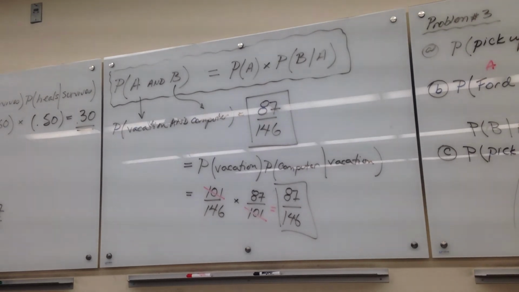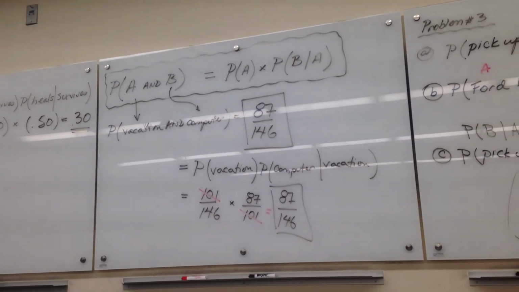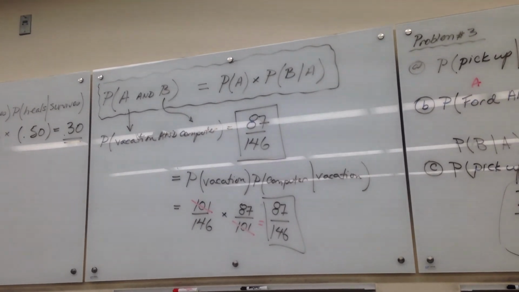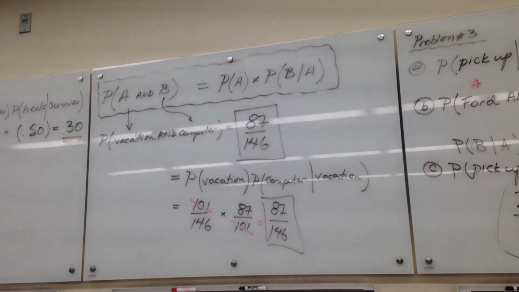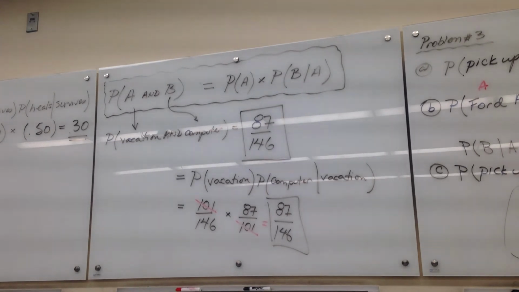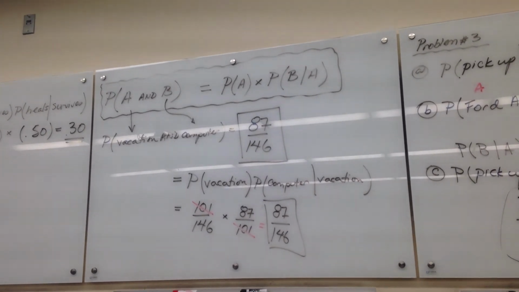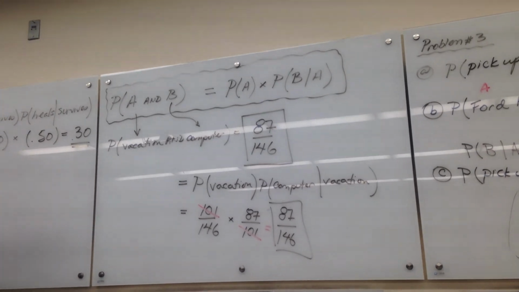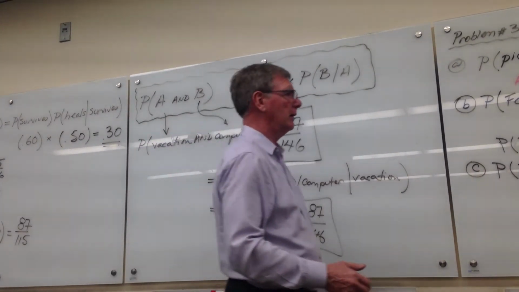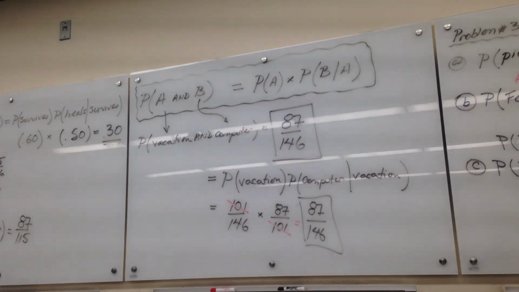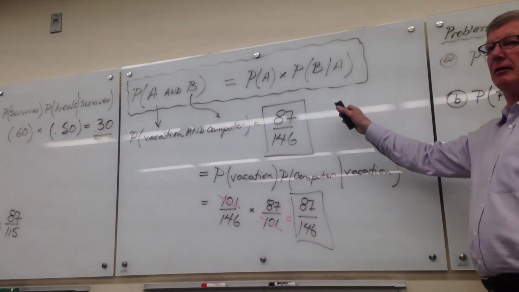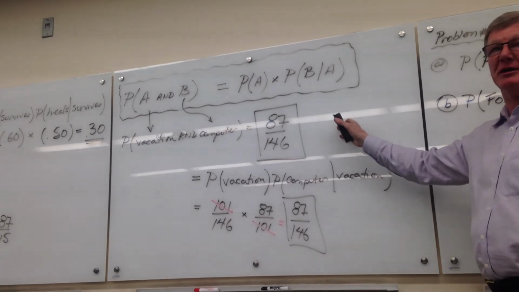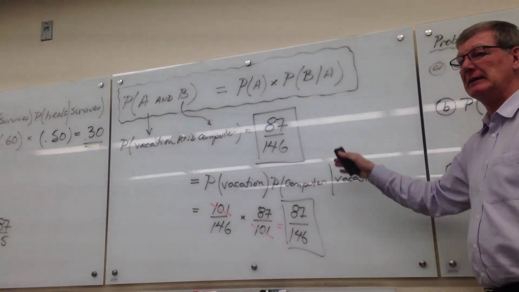Yeah, Tom? I thought the way you can determine if it's dependent or independent was if P of B given A equals P of B. That would be part of the next part, which would be part E, right? Oh, that's what I was looking at. No, this was just a quick departure on part D, doing part D two different ways.